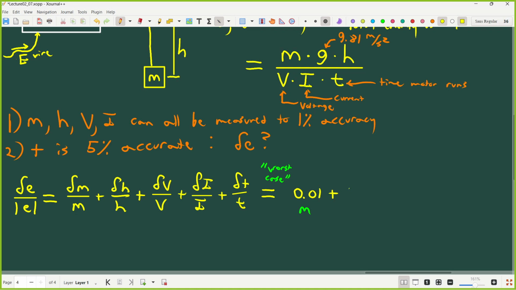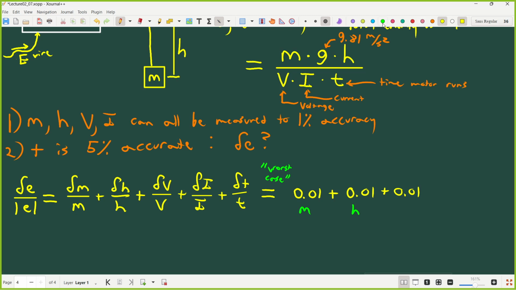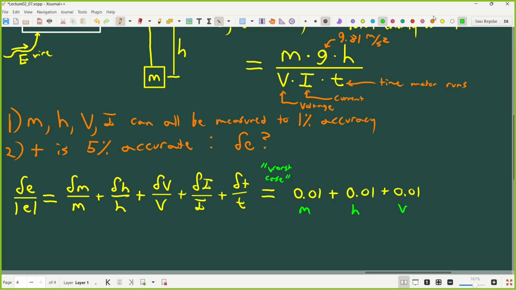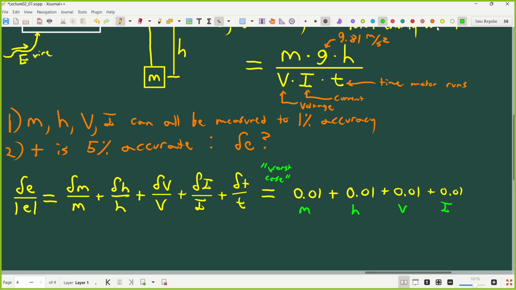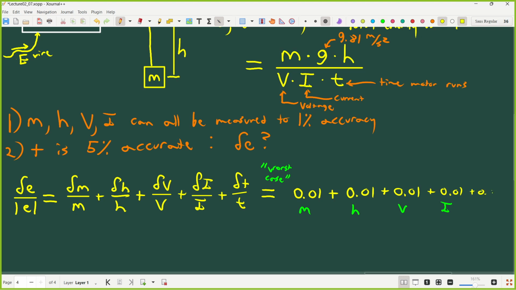We have 0.01 for H, 0.01 for V, 0.01 for I, and 0.05 for T. Okay, so we add those all up.